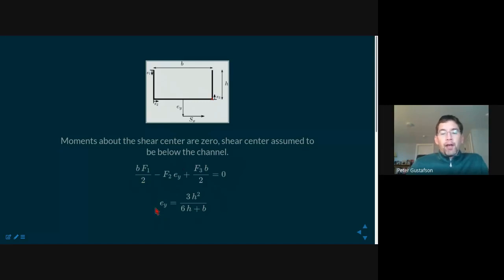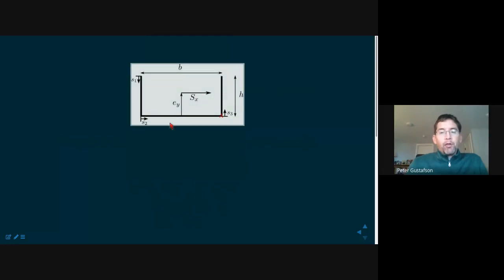And from that we calculated this distance EY, which turned out to be the distance of the shear center from this reference point. Now you might say, well, hey, Dr. G, you already knew where it was, so assuming it there is kind of cheating. Well, I want to prove to you that I didn't have to assume it correctly in order to get this calculation correct. So let's say instead I had assumed it was closer to the centroid.